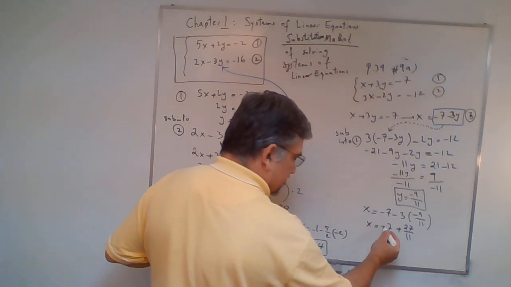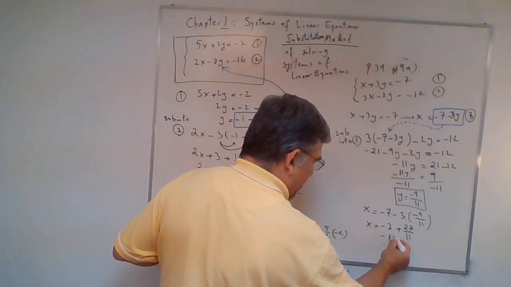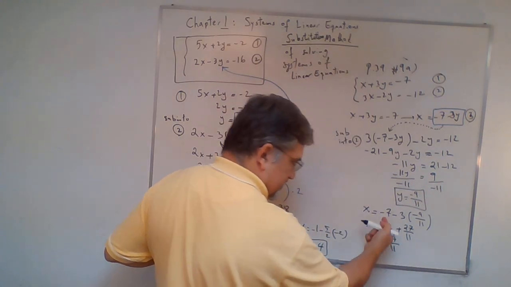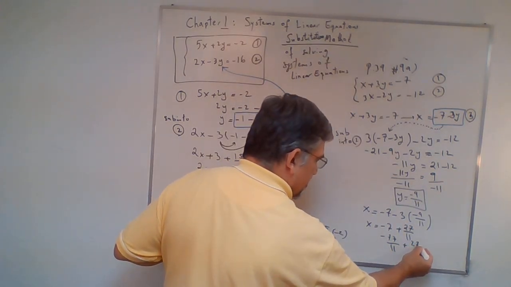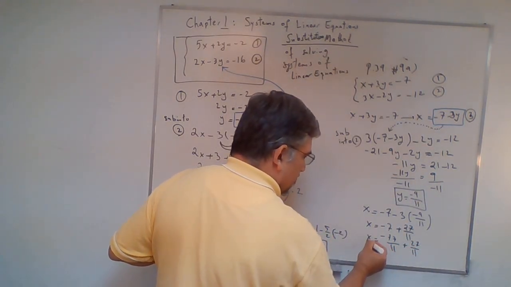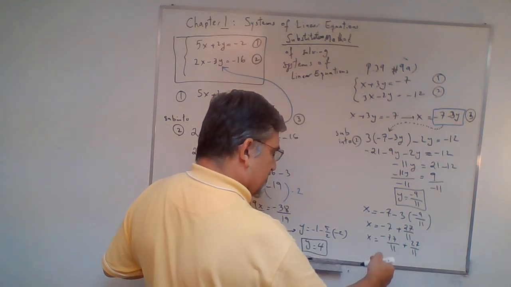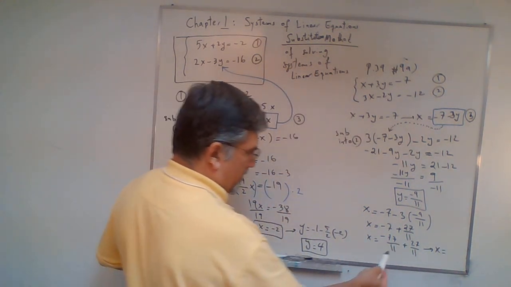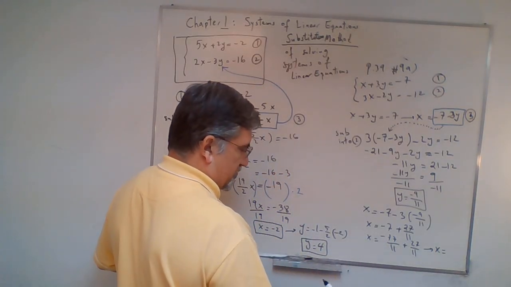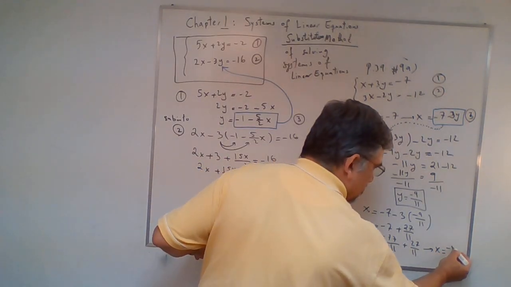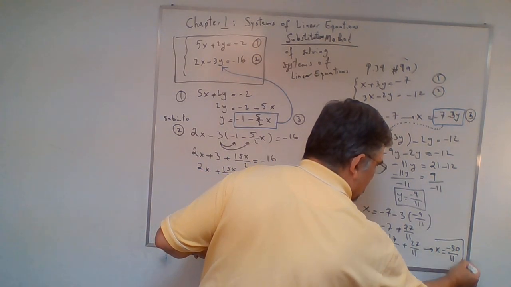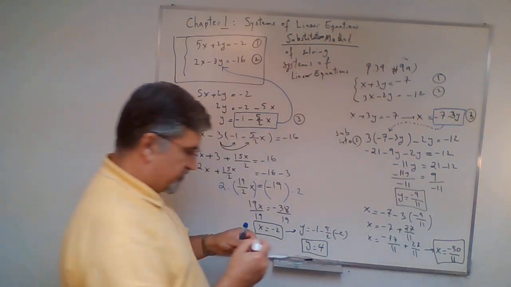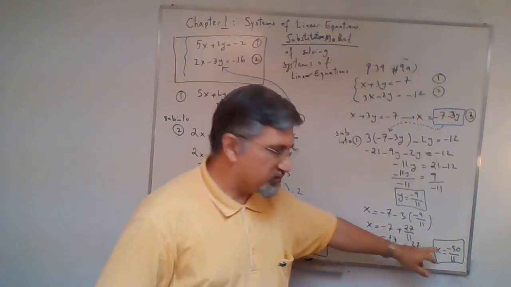And this is negative 77 over 11. That's negative 7 plus 27 over 11. So this would be, let me see, if you subtract 27, it will be negative 50. So negative 50 over 11. So the final answer is x equals negative 50 over 11.